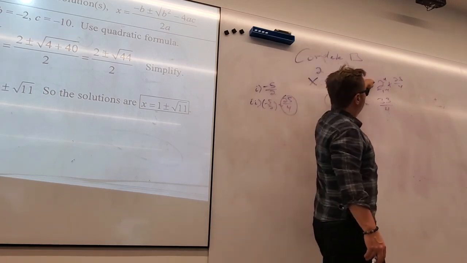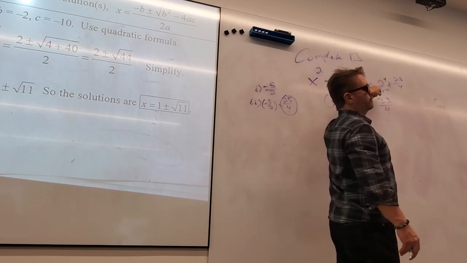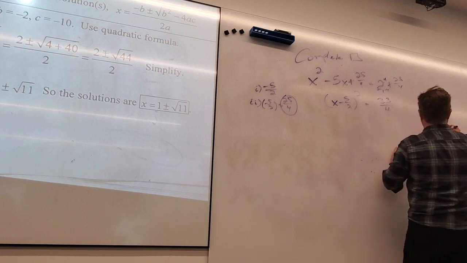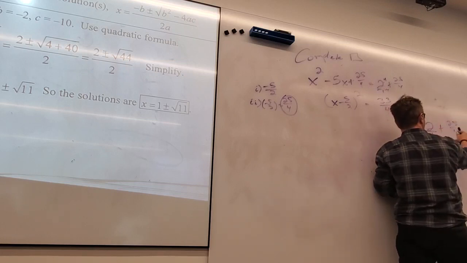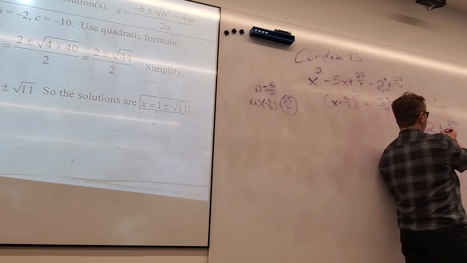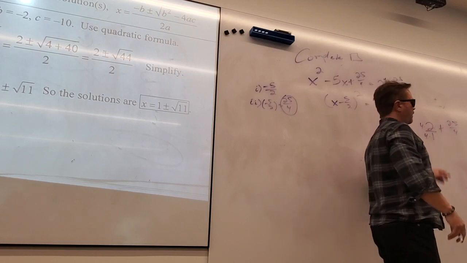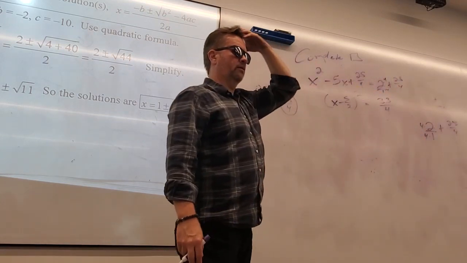Isn't 2 over 1? Any number over 1, yes? All right. How do I add 2 plus 25 fourths? I need an LCD before I could do it. So I need to give this a 4. So now they're both fourths. 8 fourths plus 25 fourths is 33 fourths.